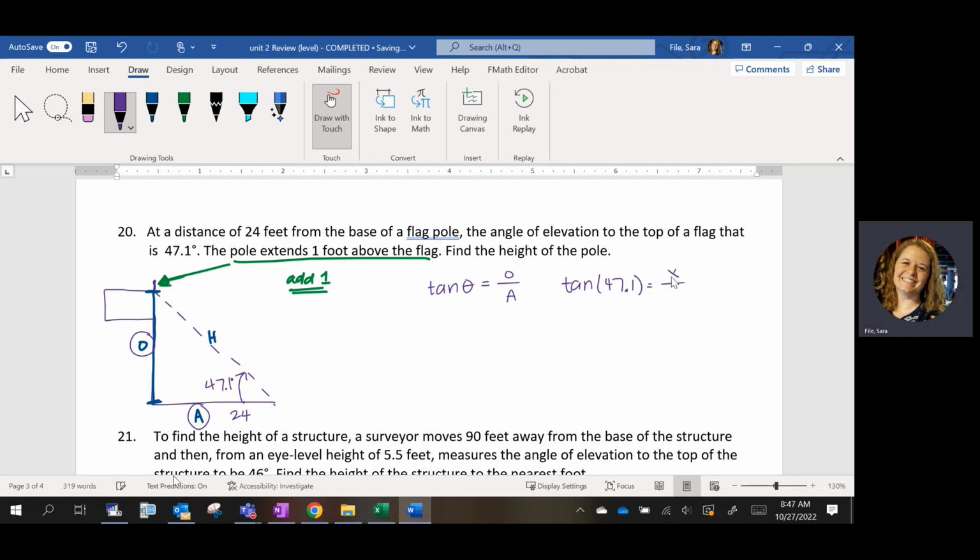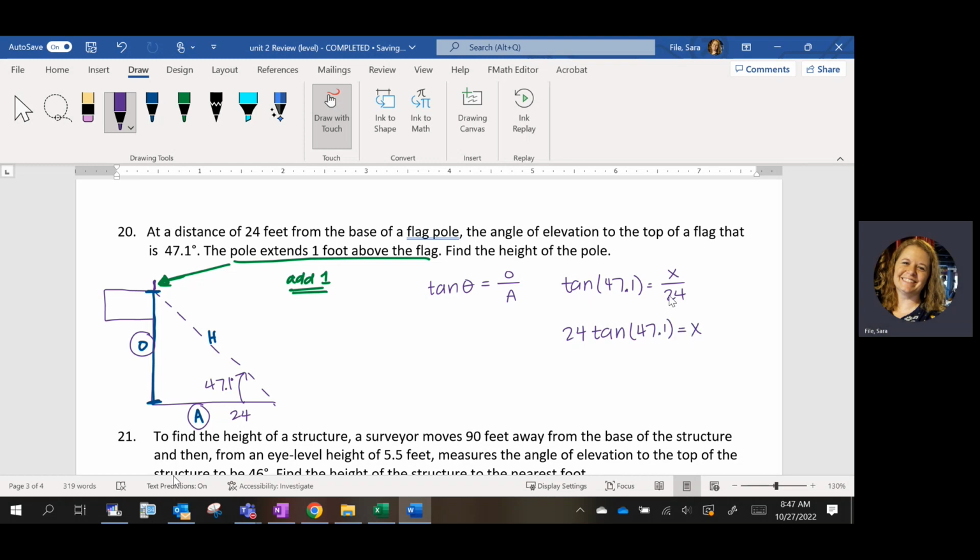I don't know the opposite side, that's what's missing, and I know the adjacent side is 24. When the numerator is missing, what do I do? So I do 24 times tangent of 47.1 to solve for x.